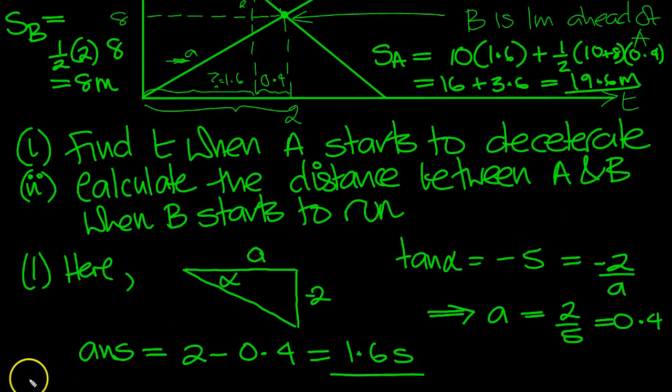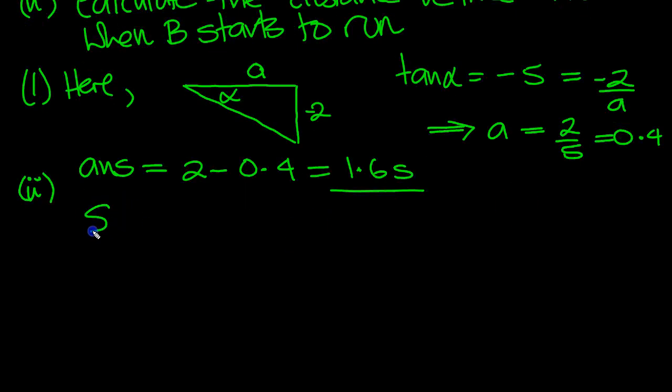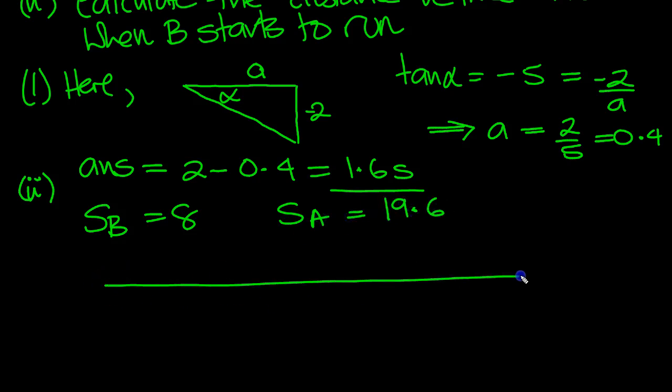So part 2. SB is 8 and SA equals 19.6. So here's the distance: there's SA, there's SB. These are the distances the A and B runners travel.